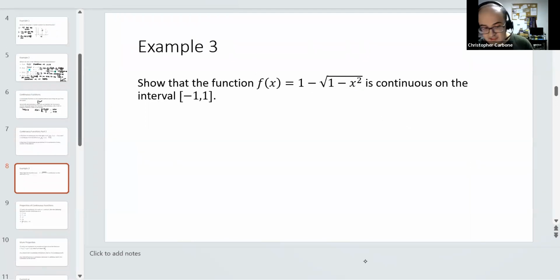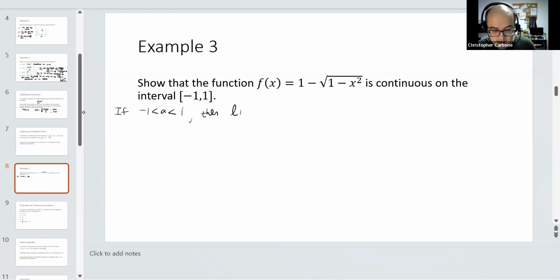So just to quickly give an example here, I'm going to show that the function f of x is equal to 1 minus the square root of 1 minus x squared is continuous on the closed interval -1 to +1. So if we are within that interval, this time we're going to look at the open interval, -1 to 1, for the value of a.